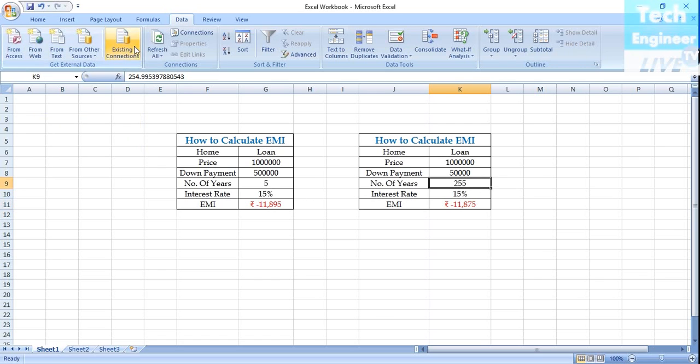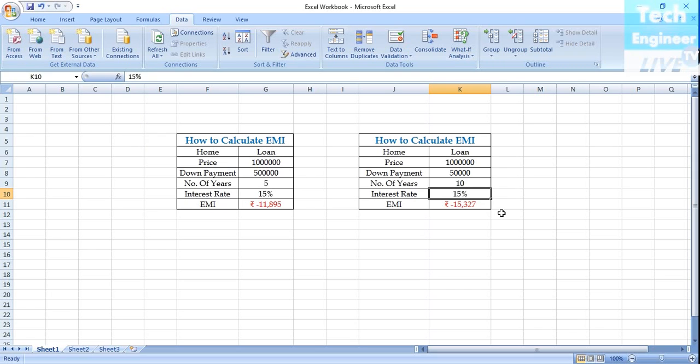Let me change this particular value as well. If I say only 10 years, then I have to pay 15,000 as EMI in that case.